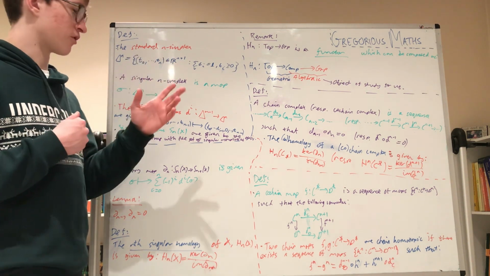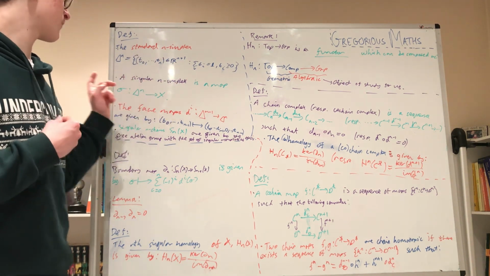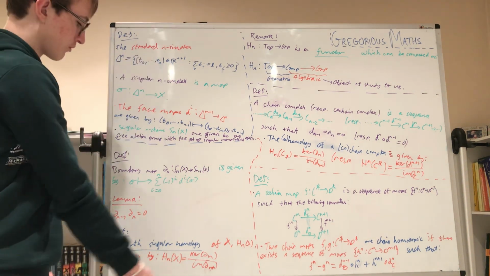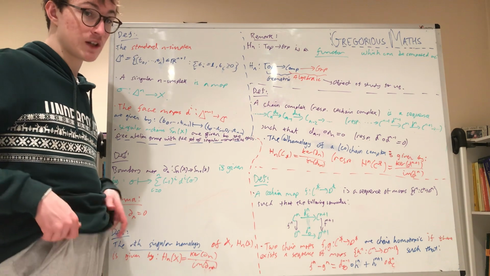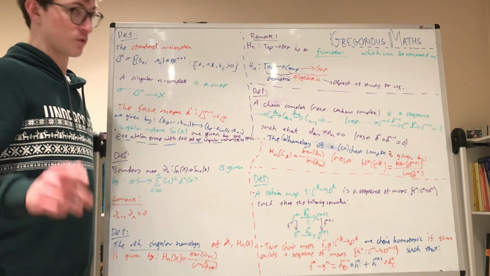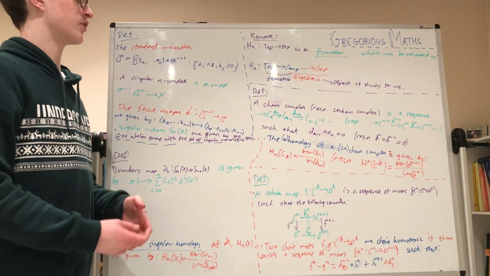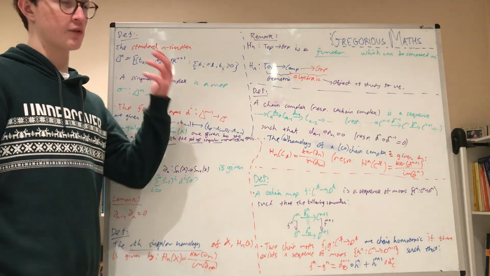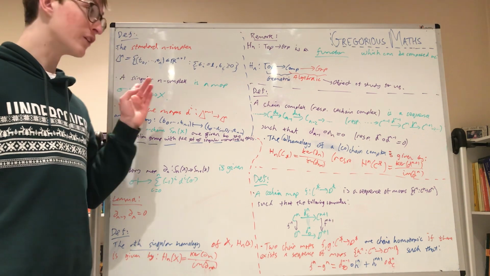Anyway, what I'm actually talking about today. Today I'm talking about singular homology and cochain complexes. Singular homology is a generalization of simplicial homology, which was introduced in the introduction. If you haven't watched that or don't have an understanding of simplicial homology, then I would very much recommend that you do watch that first.